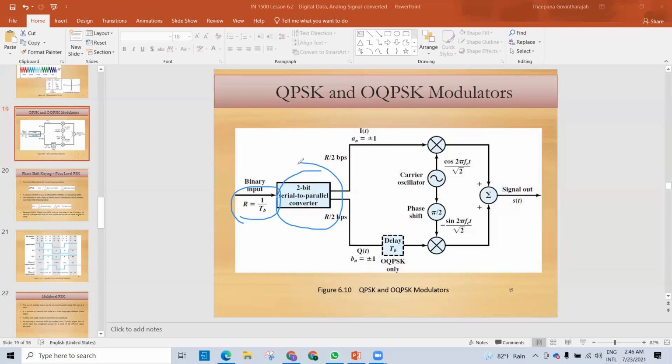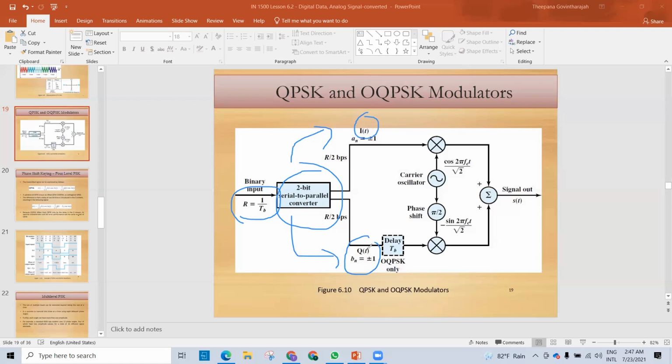The bits will be split and converted into parallel, and the odd combination will be transferred to the IT channel, and the even combination will be transferred to the QT channel. Odd combination means first bit, third bit, fifth bit. Second bit, fourth bit, sixth bit is the even combination, which goes to QT.